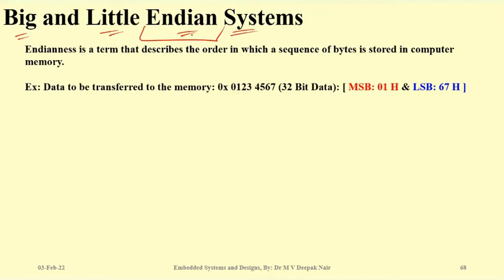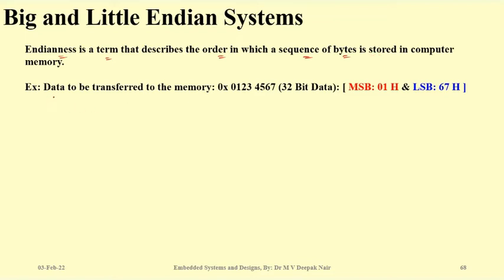What does that mean? Endian system means the way you look at the data. Endianness is the term that describes the order in which the sequence of bytes is stored in the computer.